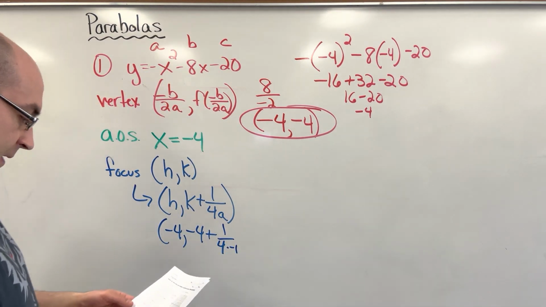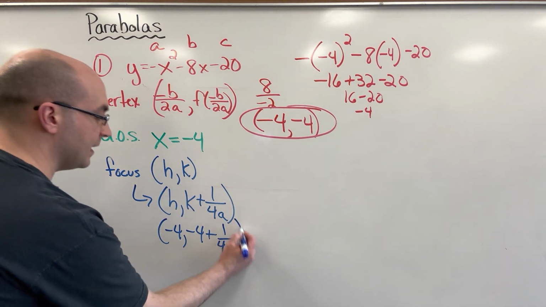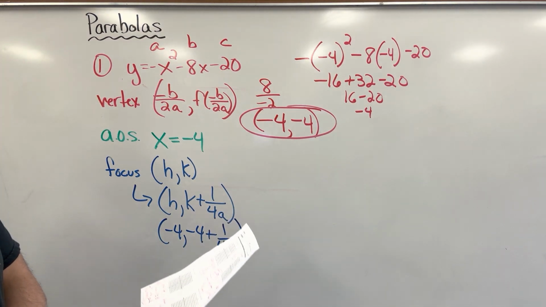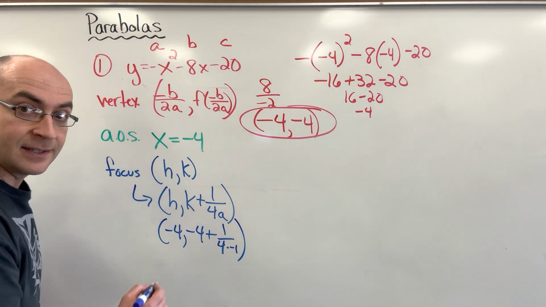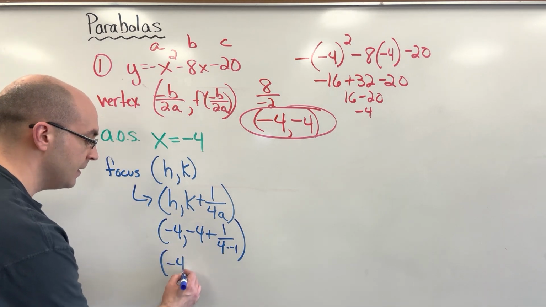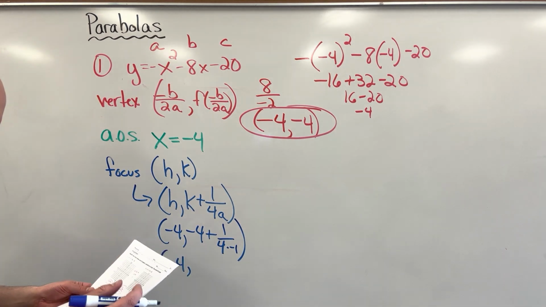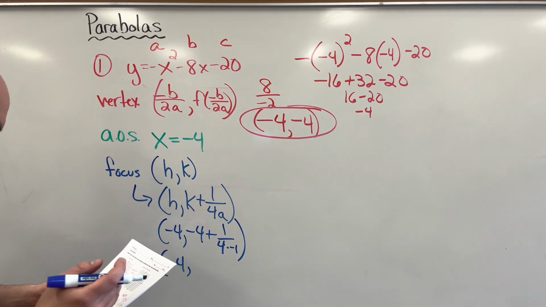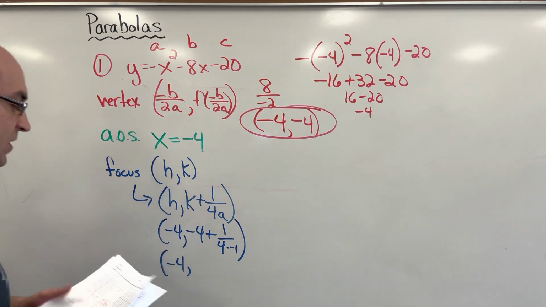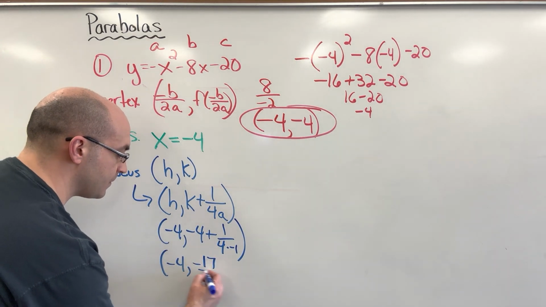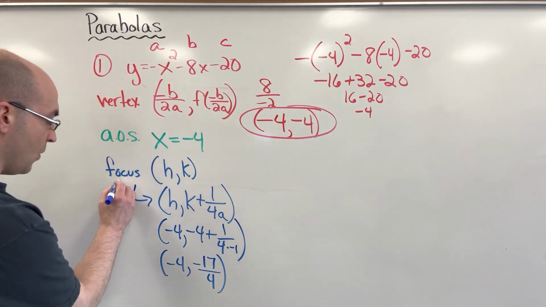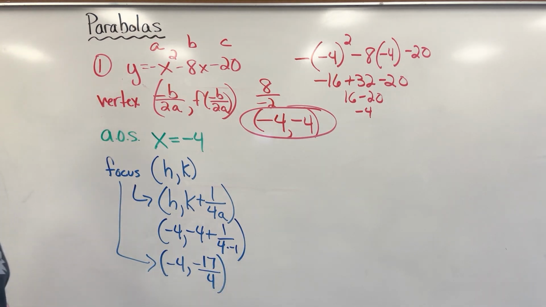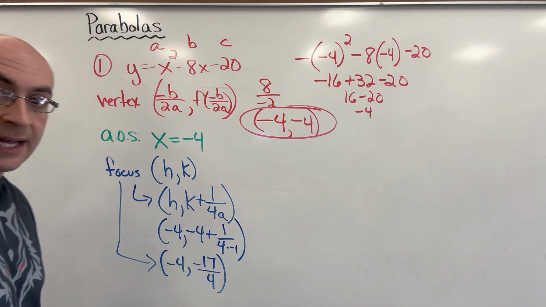Now, what does all this mean? Well, it just means that I'm going to have to do some calculation. So this will be -4 comma -17/4. This is the focus of that parabola, right? Because it's going to be inside of the parabola.